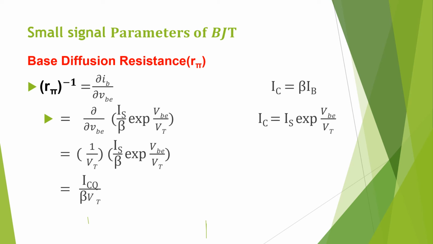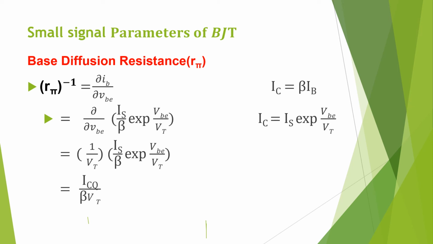We know that IC equals IS times exponential of VBE by VT. Here IS is the saturation current, VBE is the voltage between base and emitter, and VT is the thermal voltage, which is 26 millivolts. So instead of IB, I substitute IS by beta times exponential of VBE by VT.